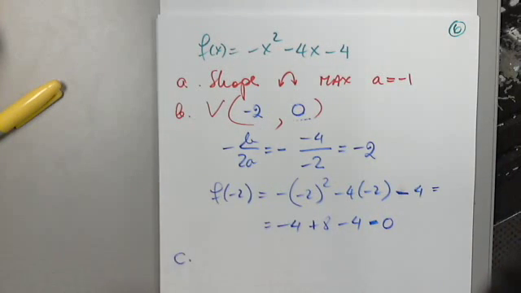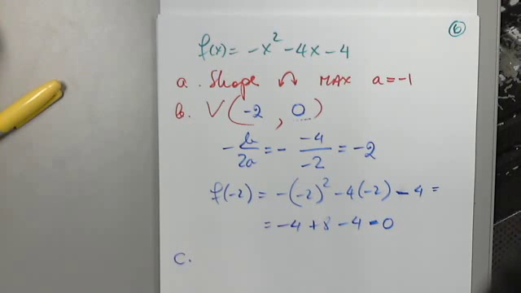C, x-intercepts. Can you already picture this graph? Where is the vertex? At negative 2, 0, and it has a maximum. Are there any other x-intercepts? The function turns on the x-axis.